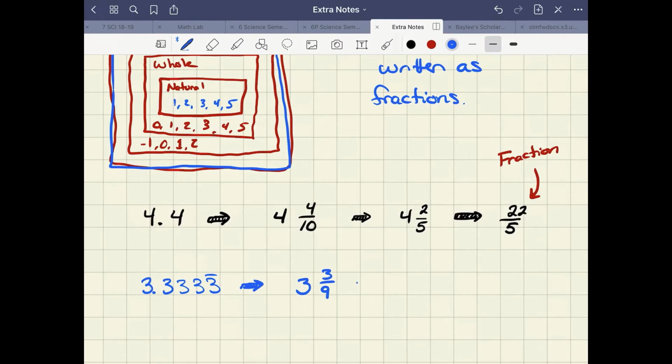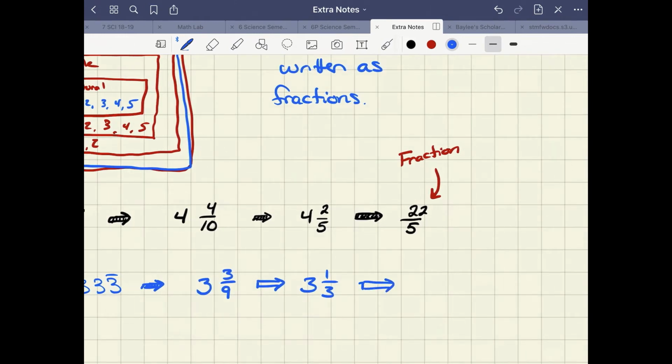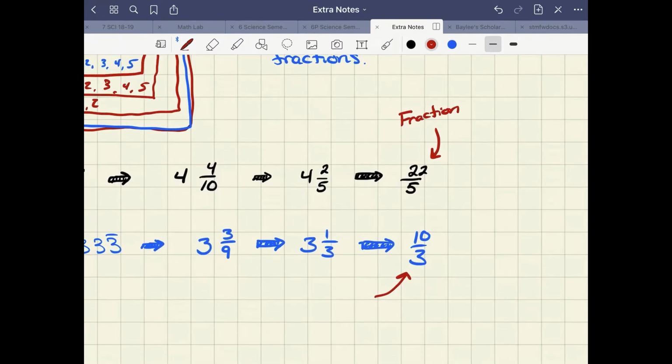And if you work this out, you would see that this is 3 and 1/3. And if we really wanted to take it a step further, we could see this is the same thing as the improper fraction, which would be 10/3. Again, notice that I was able to write that repeating decimal as a fraction.